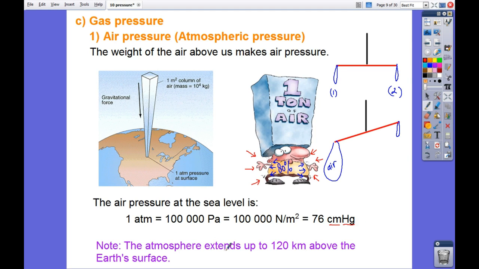Note, the atmosphere extends up to 120 kilometers above the Earth's surface. Above that, there is no air pressure. It's almost a vacuum.